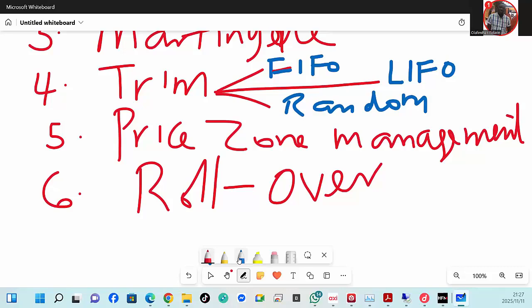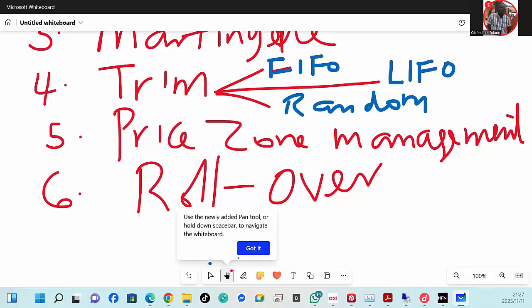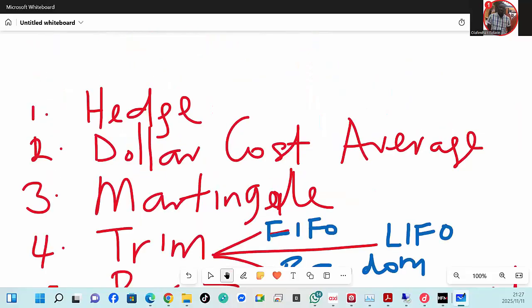Theoretically, I'm going to explain them to you. Then we go to practical, where we are not going to trade, I will explain it to you. Then we go to trading, where you are going to implement it by yourself. Okay. So let's look at the first one. First one is hedging.